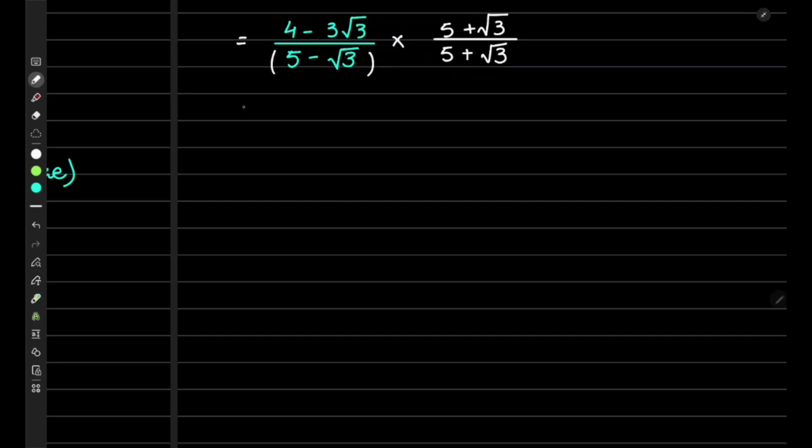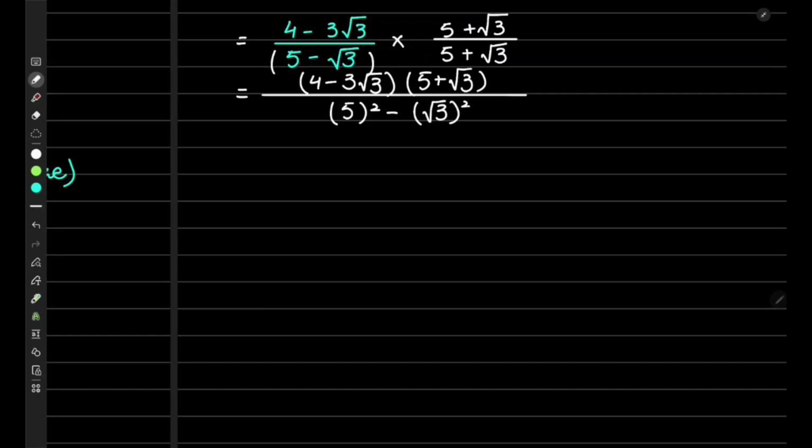So this will give you 4 minus 3 root 3 times 5 plus root 3. Then we again have a minus b times a plus b. That means we can use the formula a square minus root 3 square. So always in the denominator we will be using this formula to solve it out.